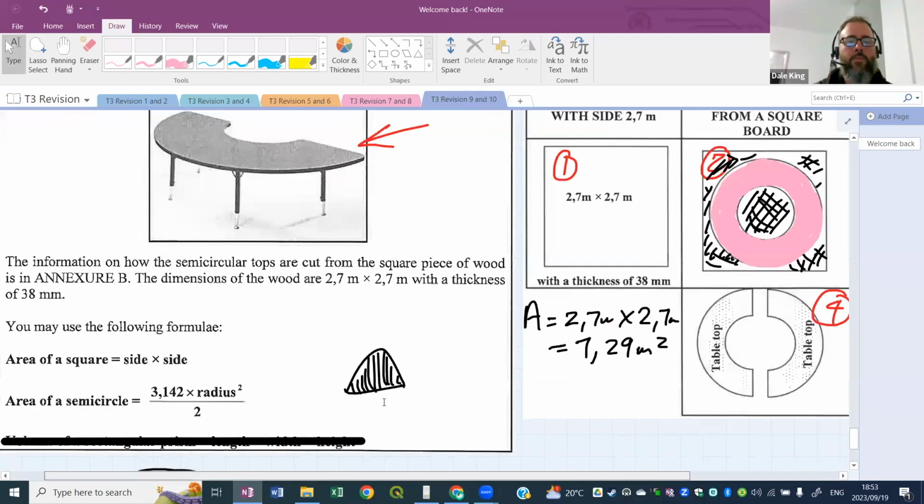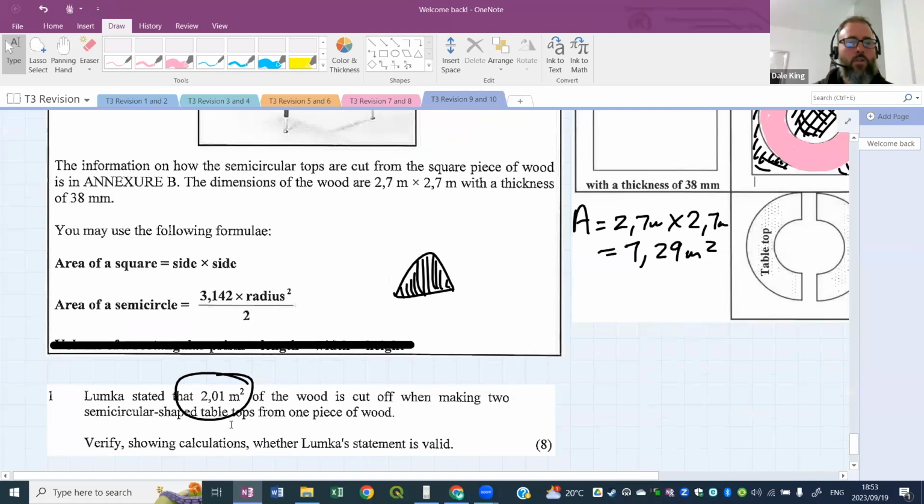Let's read the question again. It says, Lumka stated that 2,01 square meters of the wood is cut off. I see what you're saying. I think cut off means almost like cut away. Otherwise, they would have said the area of the tabletop wood needed is 2,01.